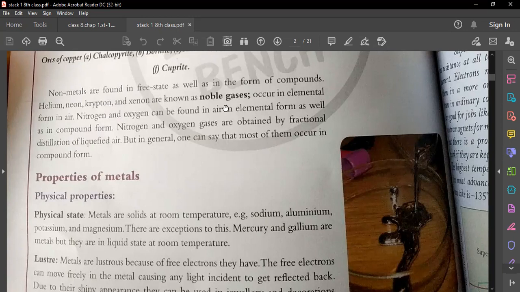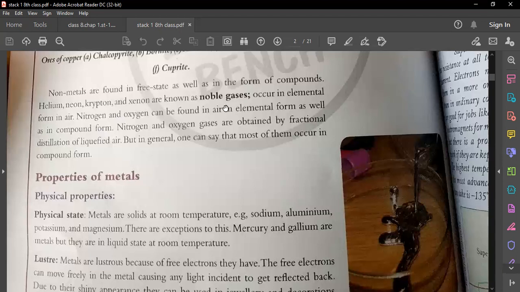Then what about the occurrence of nitrogen and oxygen? From where will we get nitrogen and oxygen? Sir, from the air. When you do the fractional distillation technique on air, we separate out the nitrogen as well as the oxygen from the air.